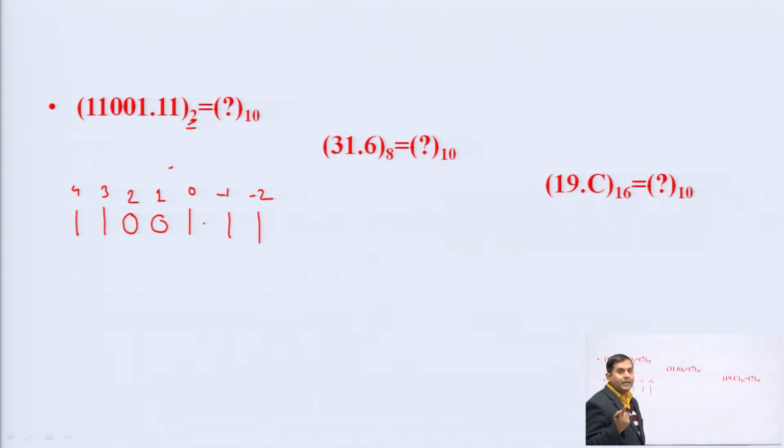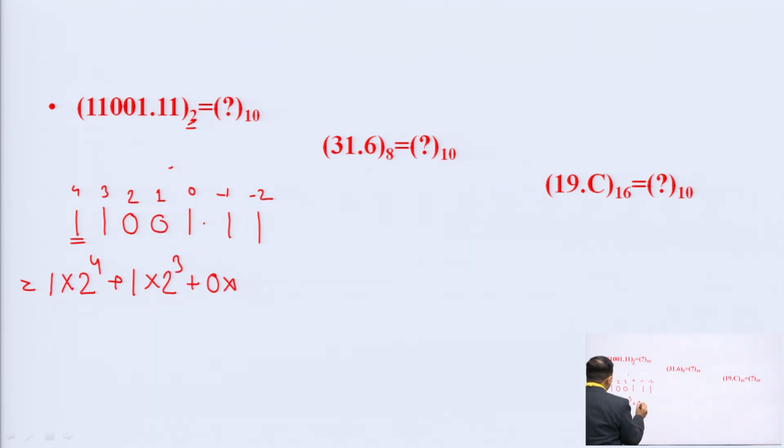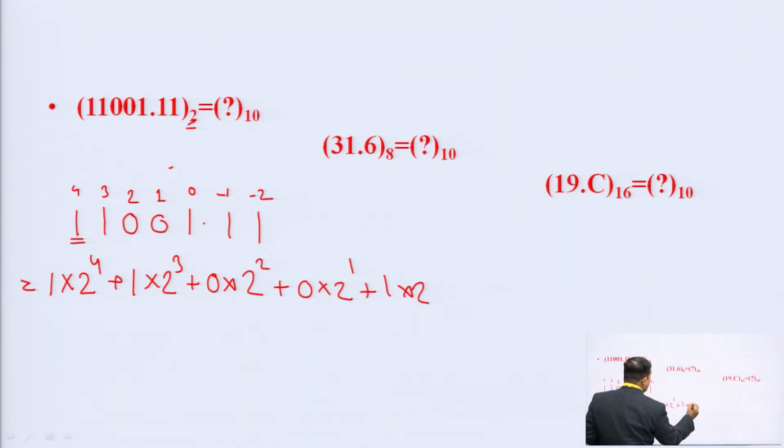So, we have to multiply with the base position of 2. First is 1 into 2 to the power 4, because this is the 4th position. So, 1 into 2 to the power 4 plus 1 into 2 to the power 3 plus 0 into 2 to the power 2 plus 0 into 2 to the power 1 plus 1 into 2 to the power 0.